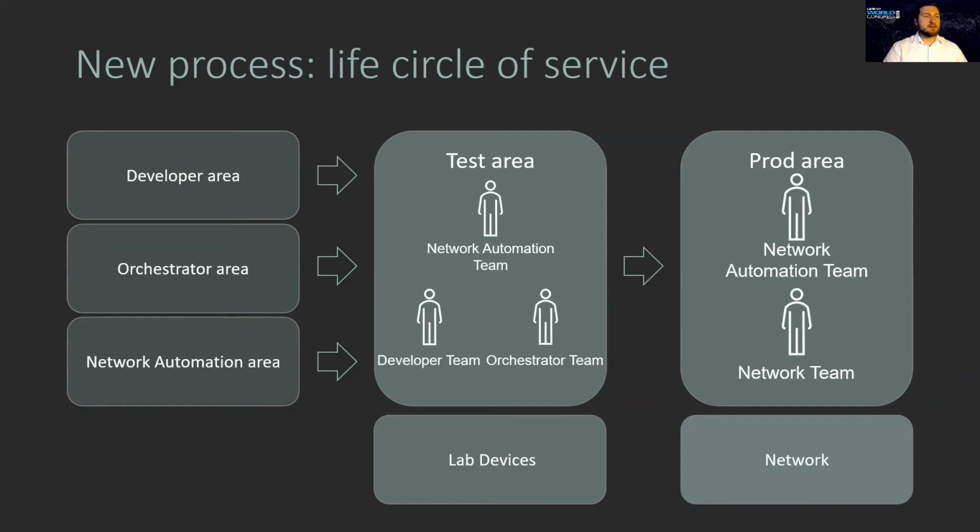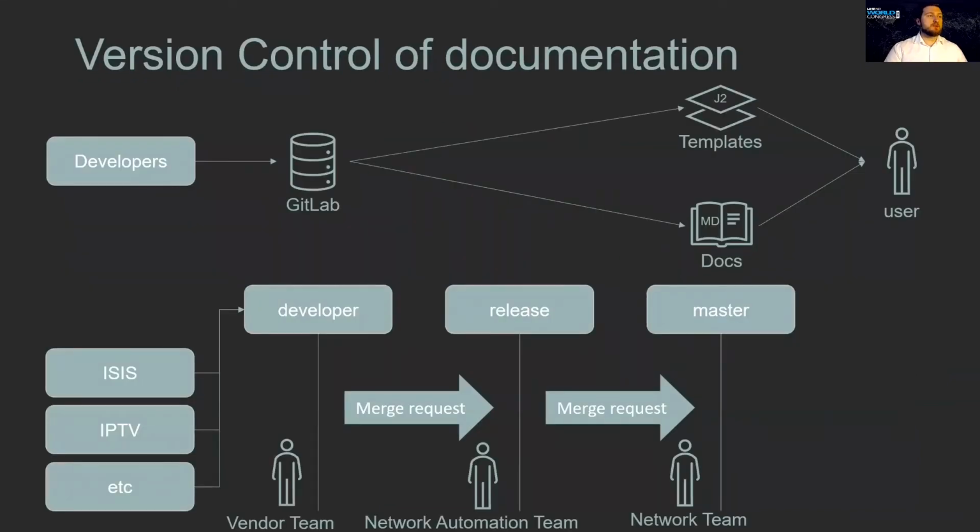Now we are testing this process within the company together with two vendors. And the first thing we started to build is the process of documentation development. We are faced with the fact that it's extremely difficult to keep the documentation up to date, to control and to agree upon its changes. So we have decided to switch to Markdown for documentation and Jinja2 for templates.